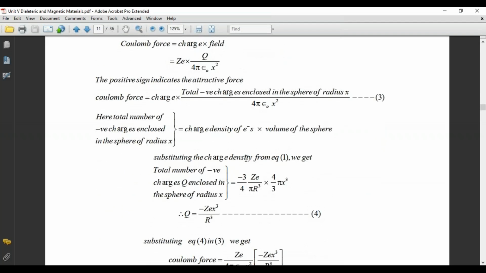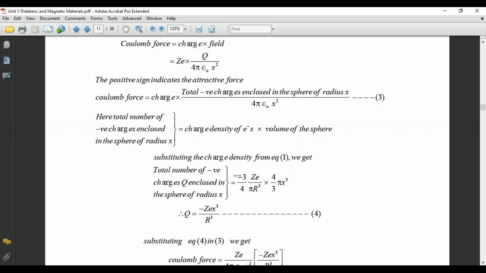To find out the total charge, first of all you want to find out the force. Coulomb force equals charge into the total negative charge enclosed in the sphere of radius x, by 4 pi epsilon naught x squared. So here the total negative charge is enclosed in the sphere of radius x. Considering the sphere of radius x, it is the charge density of electrons multiplied by the volume of the sphere.